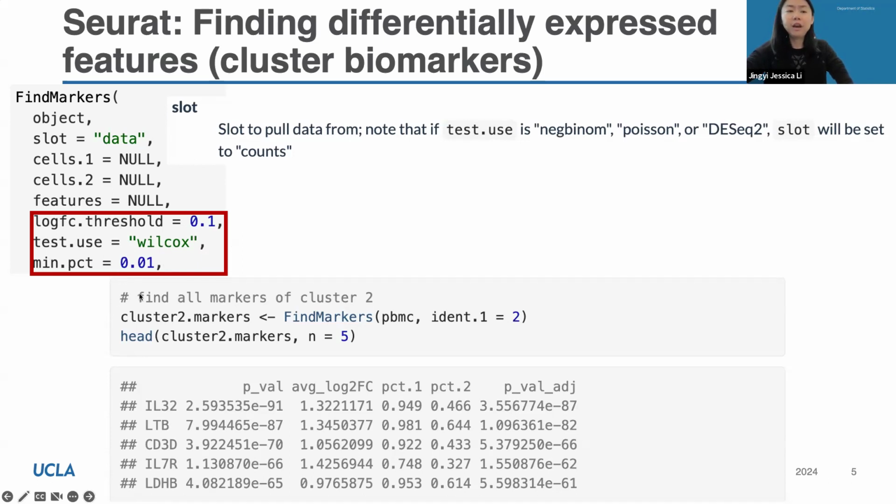So you're looking at one gene at a time. This gene passed the log fold change threshold and the min percentage threshold, so it was in the pool of examination. Then Wilcoxon is run on this gene, which we'll talk about later, and then you get output.